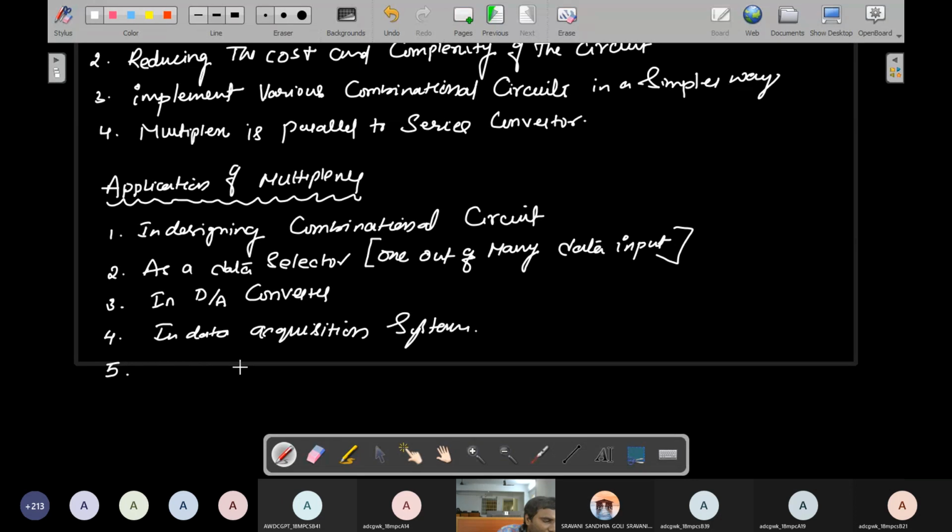In a communication purpose also we are using multiplexers. How are multiplexers used in communication purpose? To utilize the channel efficiency. Actually multiplexers are used to utilize the channel efficiency. That is the purpose in communication systems.